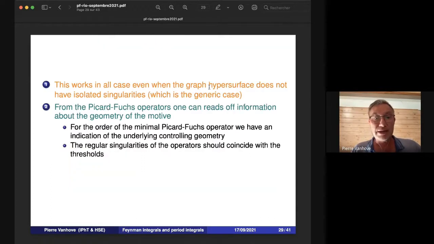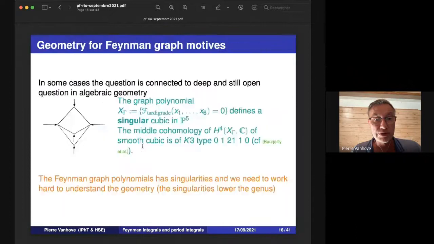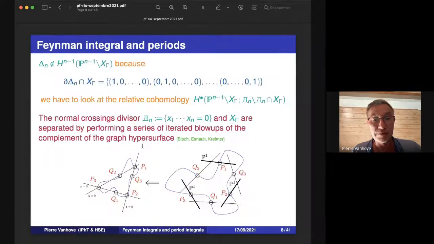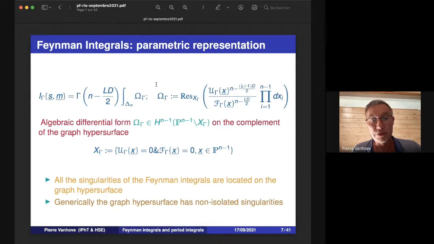But the thing is that it always works for Feynman integrals, because, for a reason that I don't have the time to explain in this talk, you can prove that Feynman integrals are D-finite functions. That means they are annihilated by a finite-dimensional space of differential equations. And the fact that it's a D-finite function is a consequence of the structure of the integrand. Okay.